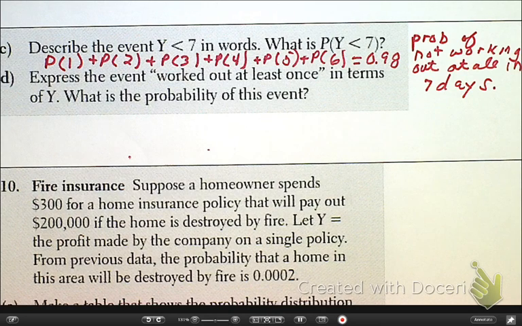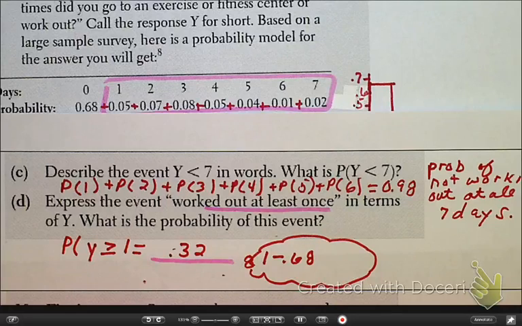Okay, so let's look at part D. Part D is saying express the event. We want the probability of it being greater than or equal to 1.